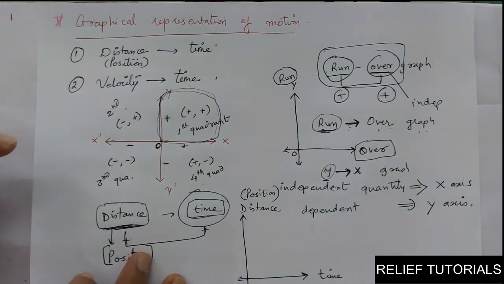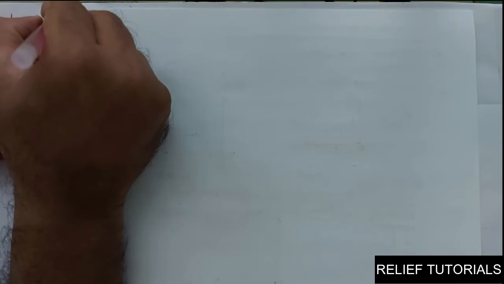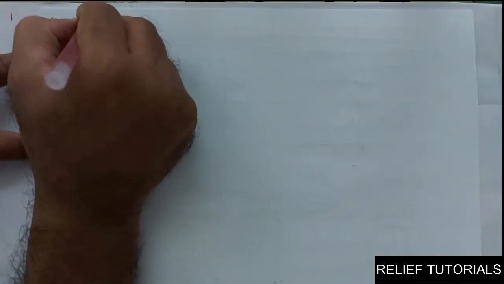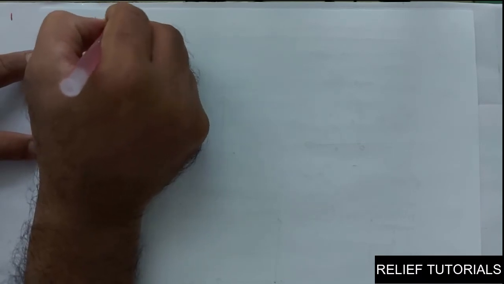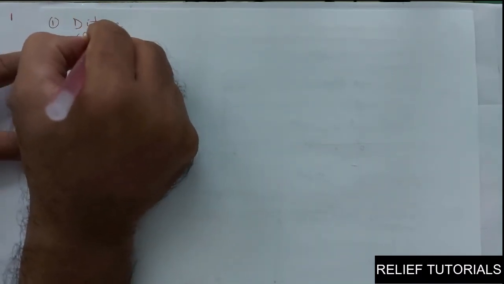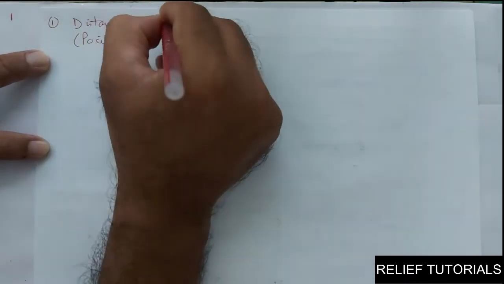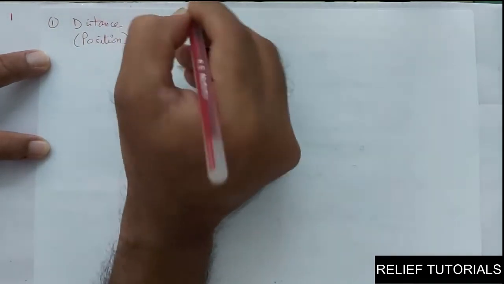Two types of graphs we are going to discuss. Let us start with the first type, distance versus time graph, or we can say position versus time graph.